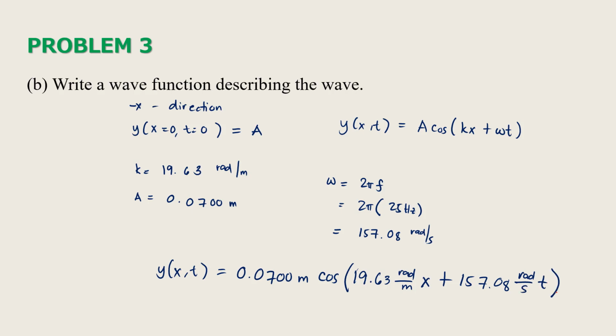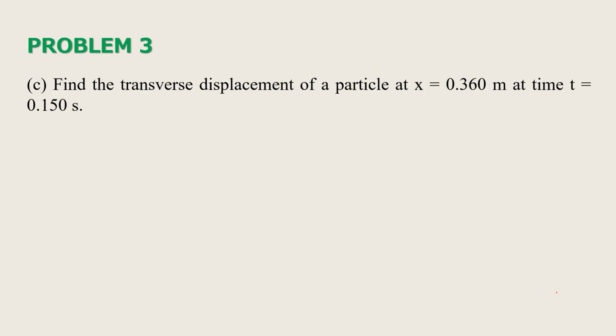Okay, so this is now the wave function describing the wave. Okay, so for letter C, we have to find the transverse displacement of a particle at x equals 0.36 meter and at time t equals 0.15 seconds. So our wave function, y of x,t is equal to 0.0700 meter cosine kx.